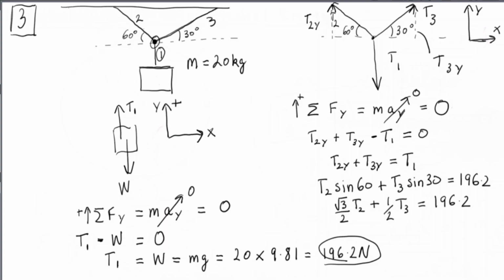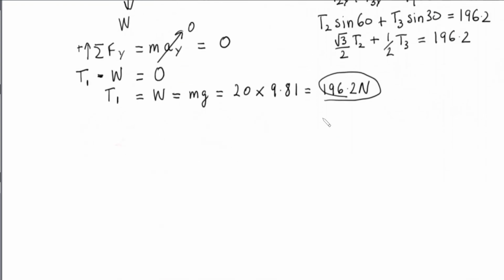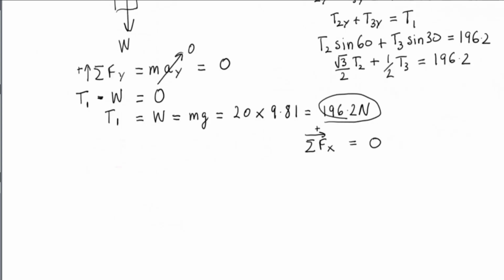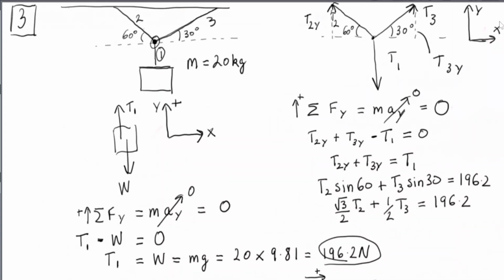And because we know that the system's in equilibrium, we can do this same process, but we can say the forces in the x direction are also equal to 0. So let's go ahead and do that. Let's say the forces in the x direction, where right is positive, is equal to 0. So let's look at the resolutes of T2 in the x direction.